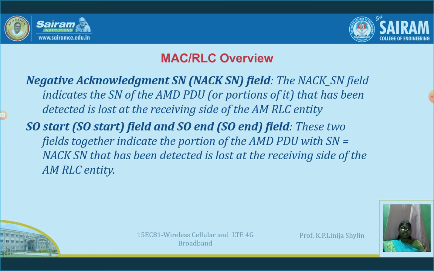If it is detected as lost, a negative acknowledgement is sent. Next are the SO start field and SO end field. These two fields together indicate the portions of the SN NACK, the negative acknowledgement, that were detected as lost at the receiving side of the AM RLC entity.